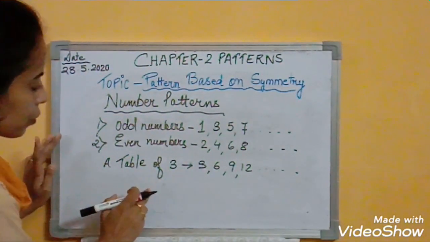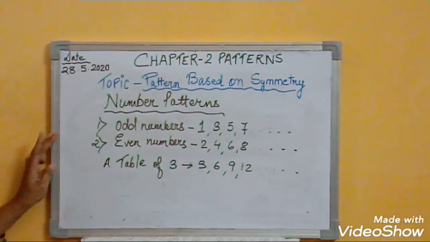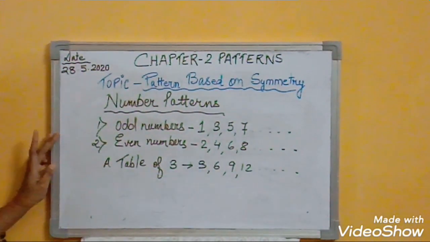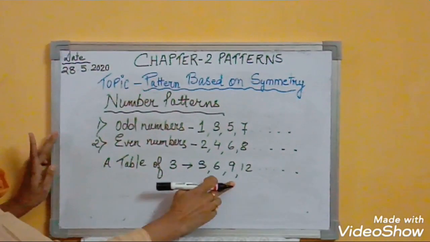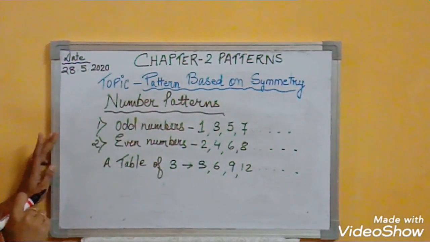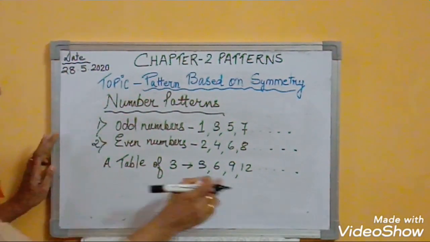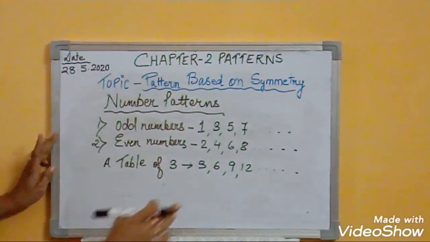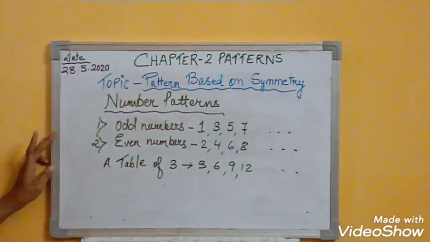So here, what can you observe? We can observe that numbers are increasing by 3. Alright? From this particular sequence, we can observe that numbers are increasing by 3.